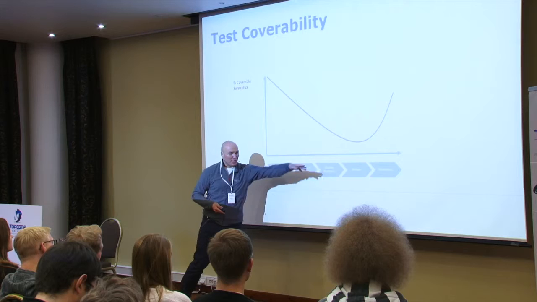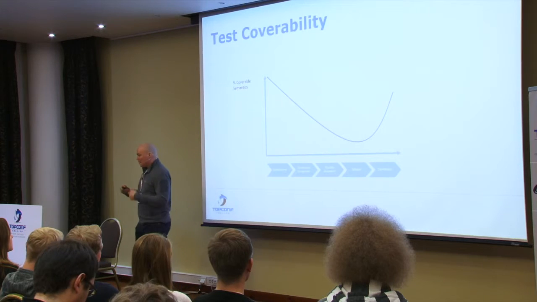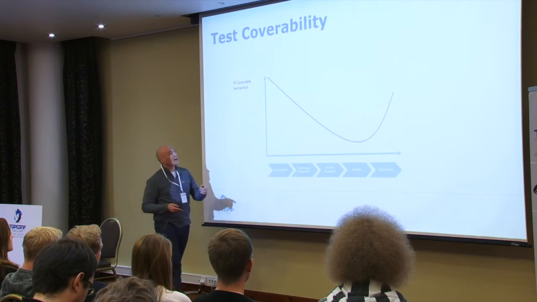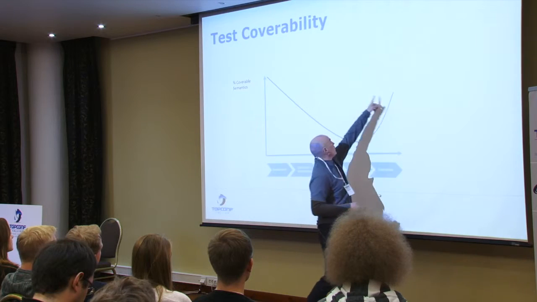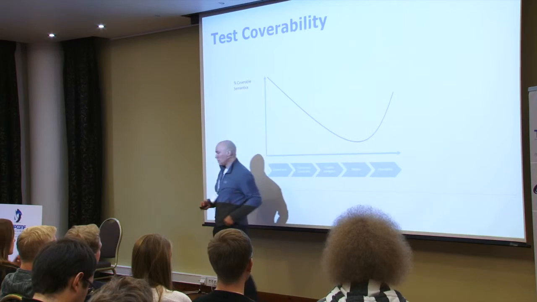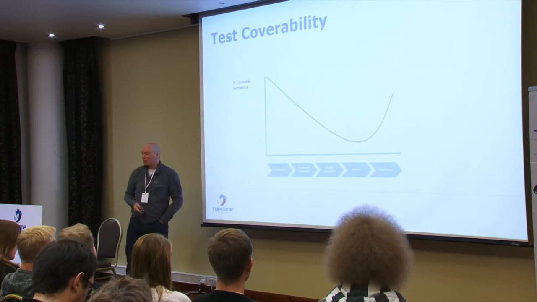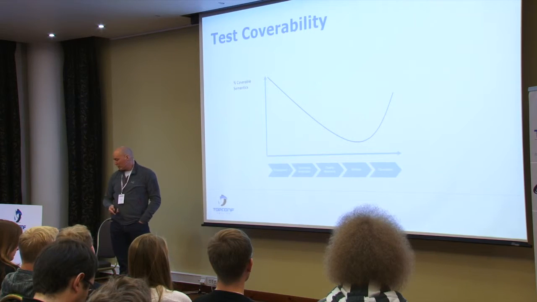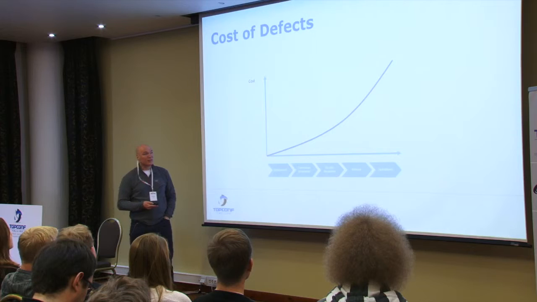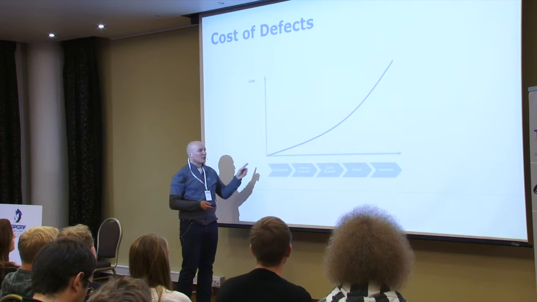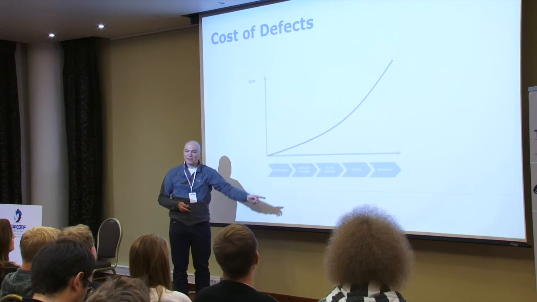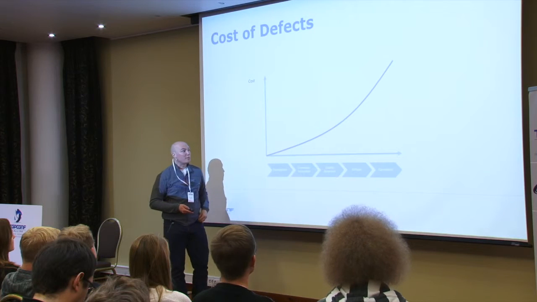And the farther we get into operations, the less we can cover the code. I intentionally put that end lower than this one. Probably not all code is used in production. Who knows? A lot of features users simply don't need. It's also quite well known that the cost of a defect increases the farther along the pipeline you are.